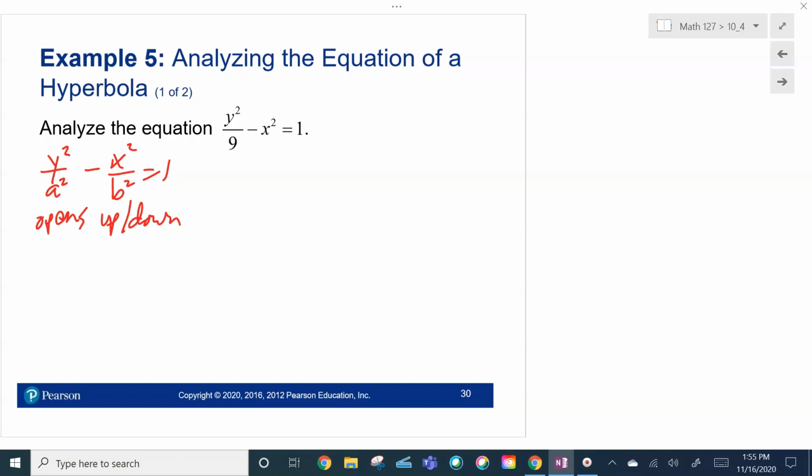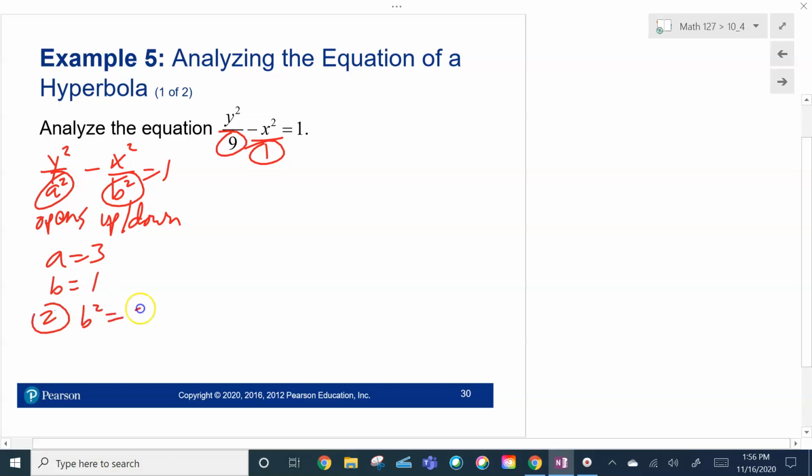It's either the y-axis or parallel to it if the center's not in the middle. Now, a squared is 9, so a equals 3. B squared is 1, b equals 1. So let's do b squared equals c squared minus a squared. So I've got 1 squared equals c squared minus 3 squared. So c equals plus or minus root 10 here.